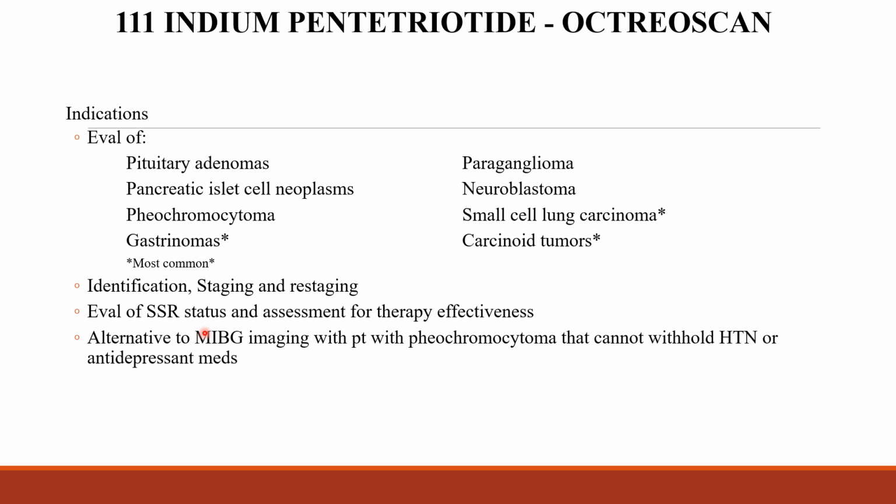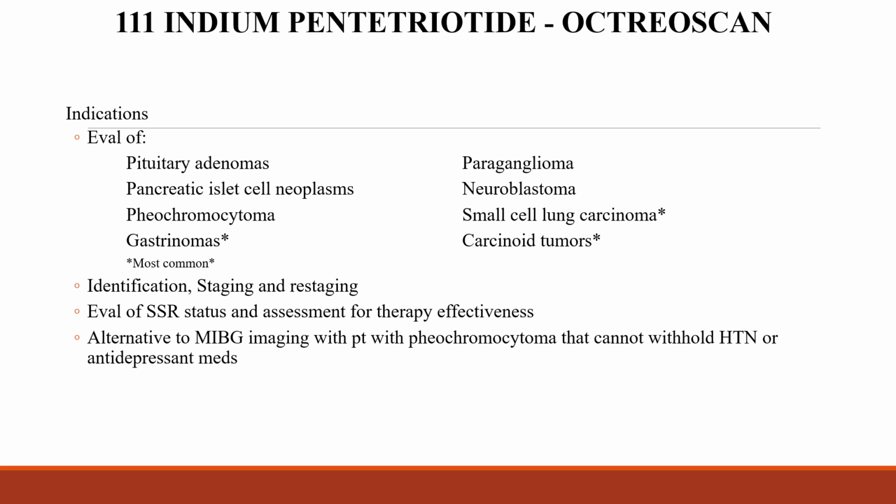And so people will be on these long-acting somatostatin drugs, like octreotide, and then they work for a while, but maybe their symptoms start getting worse or they start getting sicker. This would be a good time to repeat the Octreoscan or any of the dotatate studies, because at that point you're looking to see if maybe the tumor has progressed.